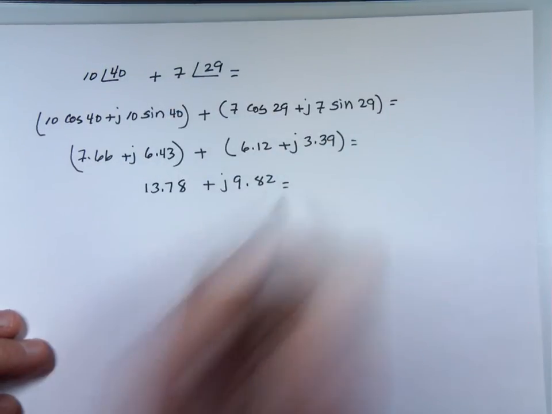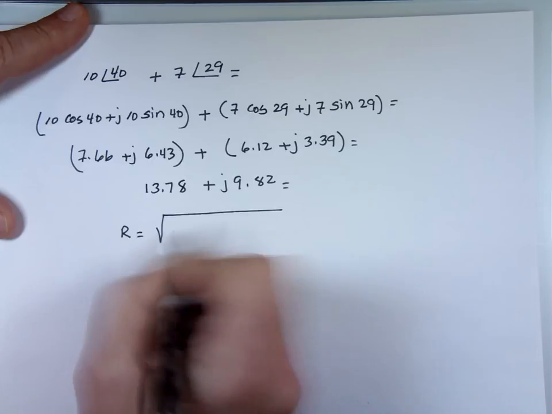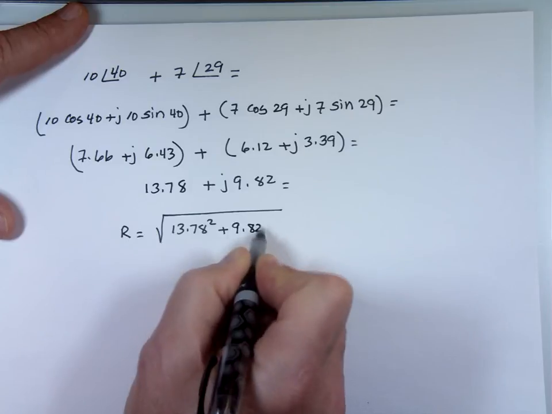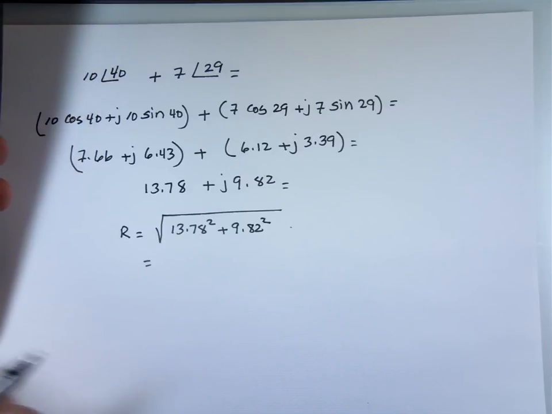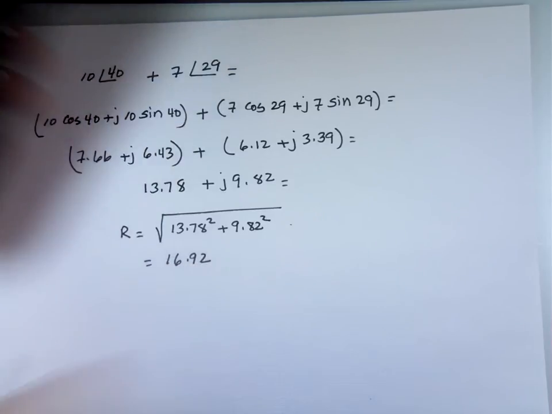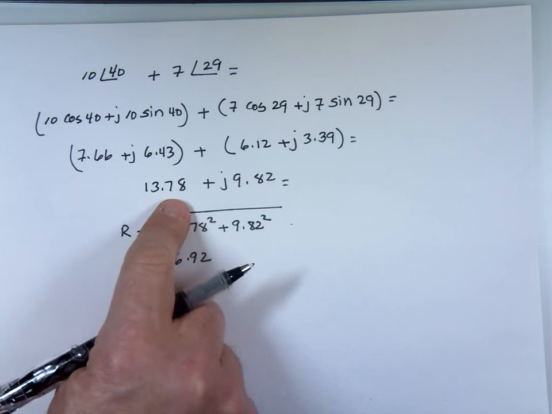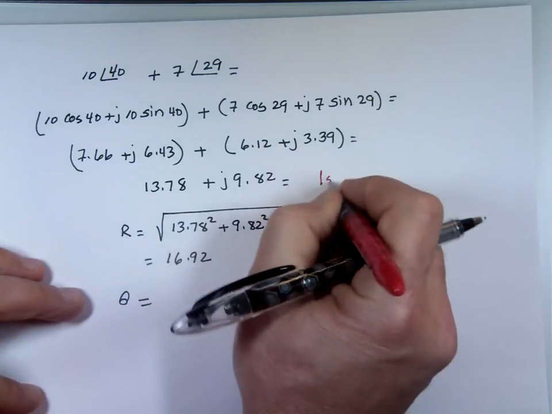Now to convert that to polar, r is going to be the square root of 13.78 squared plus 9.82 squared, and that's 16.92. And to get theta is the inverse tangent. I happen to be in the first quadrant. Notice both are positive. See them? Because they're both positive, you are in the first quadrant, so I don't have to make any adjustment.